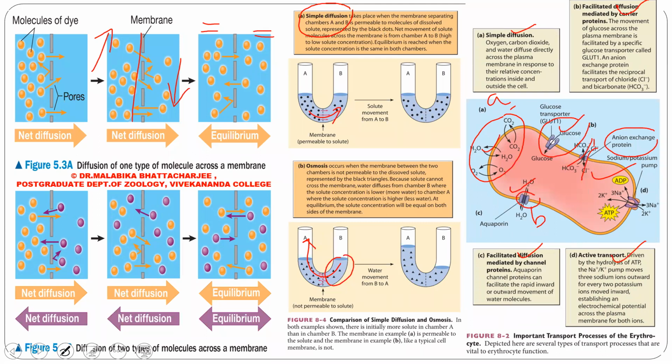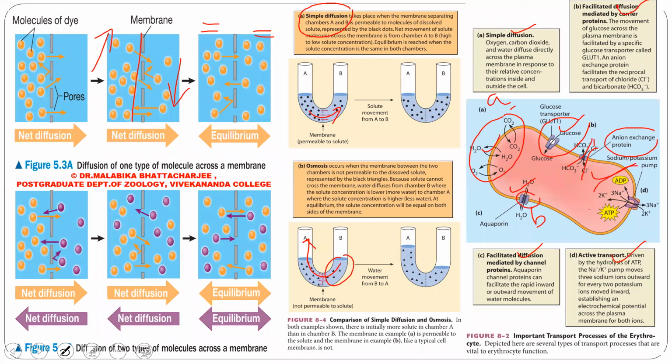One charged molecule is moving in via this protein, whereas another charged molecule is moving out. So the protein is exchanging the chloride ion for the bicarbonate ion. The bicarbonate ion is moving out, the chloride ion is moving in. So that is also an example of facilitated diffusion.